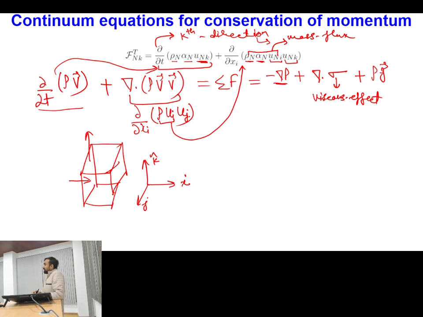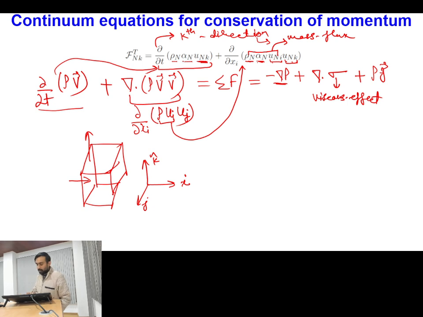When multiplied, uj represents the velocity of that particular phase in the jth direction, for that mass flux in the jth direction. So that's why this is the rate of change of momentum through a direction. This is my mass flux, and whenever it is multiplied with velocity, it becomes my rate of change of momentum.